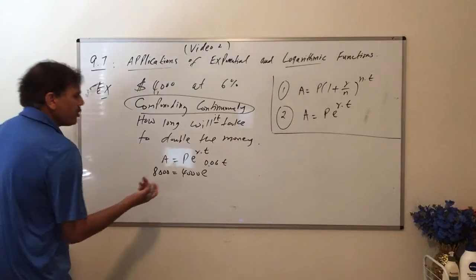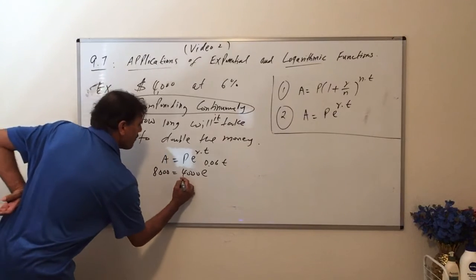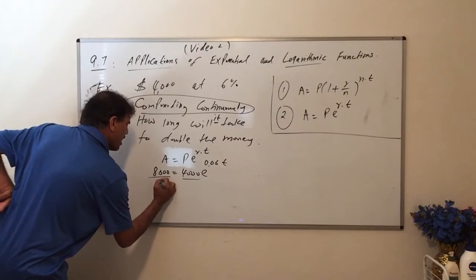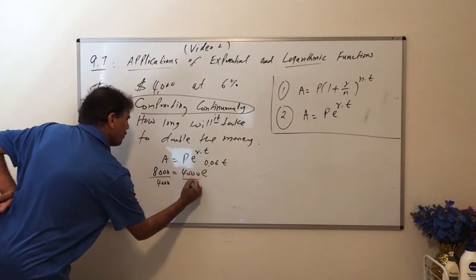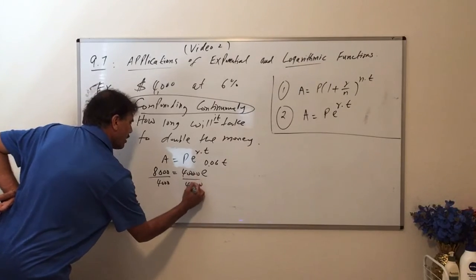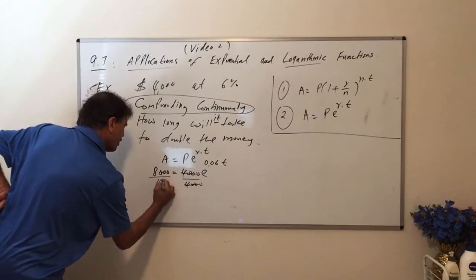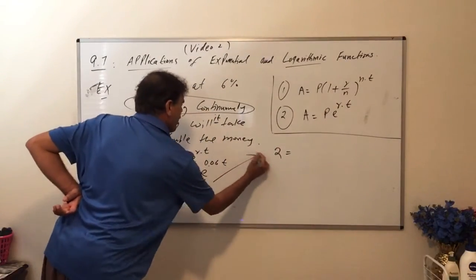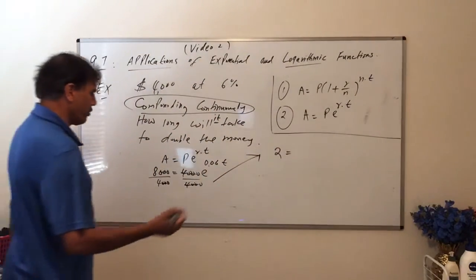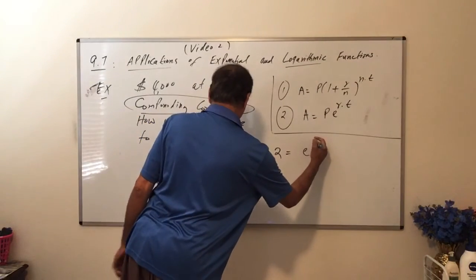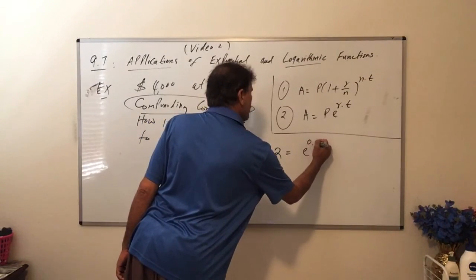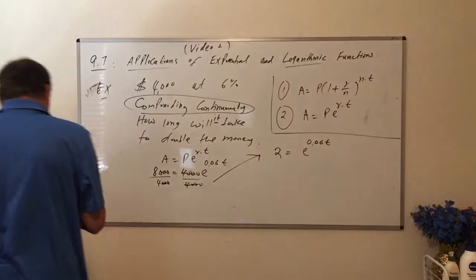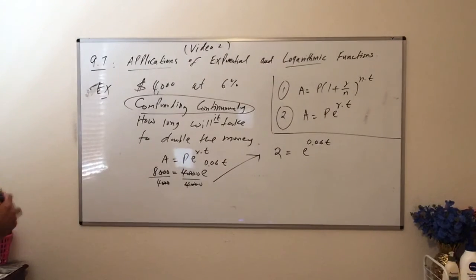So now the easiest way is just to divide this one by 4,000, make e by itself. So 4,000 cancel. Well, then this one is 2, because 8 divided by 4 is 2. Well, then e to the power 0.06t. So now remember, with e, we're not going to take common log.